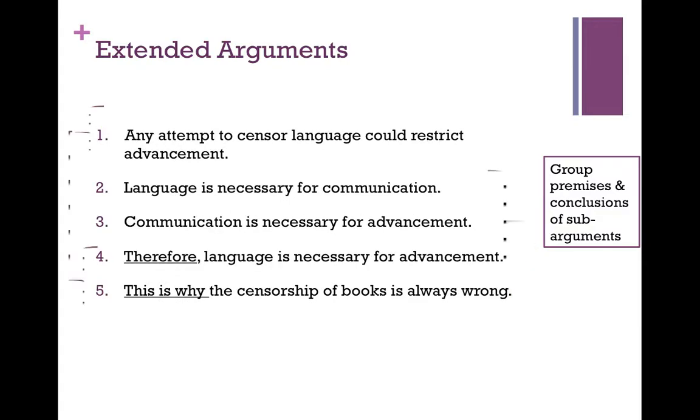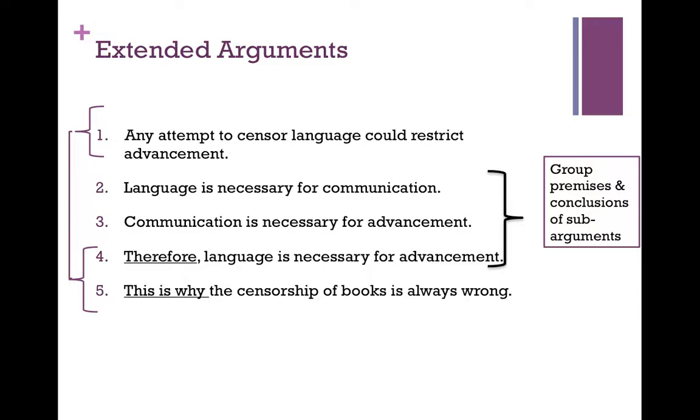Basically, what you want to avoid is something like the following. Notice here that one sub-argument is going to be 1, 4, and 5, and a second sub-argument is 2, 3, and 4. What is going on here is you start on one point, then you switch gears and go to 2, 3, and 4, then you go back to the initial point you started with. That's something you want to avoid, just because it's confusing to someone who's reading.